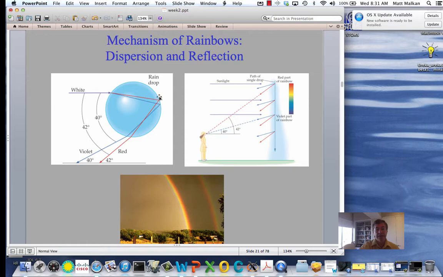Then they get to the other surface of the water. This is from a high index to a low index. Some of it will pass on through, not shown in this diagram. Some of it will exit out of the water, going down there. But some of it will be reflected, just like you have a mirror here, angle of incidence equals angle of reflection.